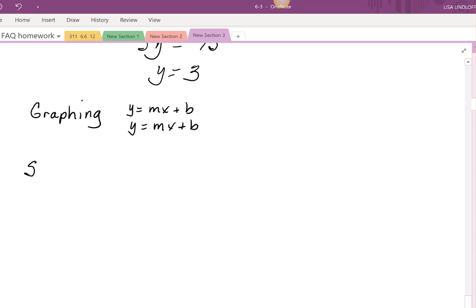That's what we did, I guess, in 6-1. The second method is substitution. I use substitution anytime one of the equations says y equals or x equals, or it would be easy to get them like that.